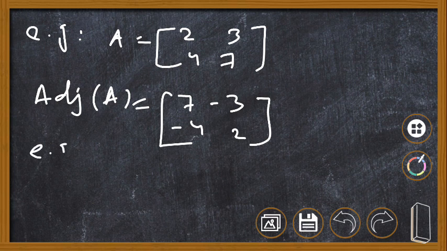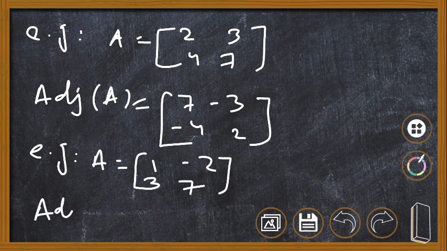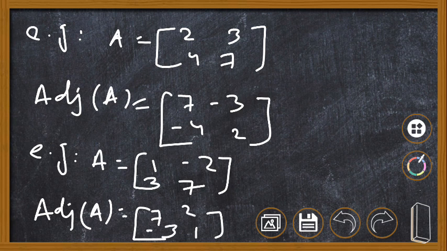Another example: A is 1, minus 2, 3 and 7. What is the adjoint of A? Just exchange the diagonal elements: this is 7 and 1, this is 2 and this is minus 3. This is how we find the adjoint of a 2 cross 2 matrix.